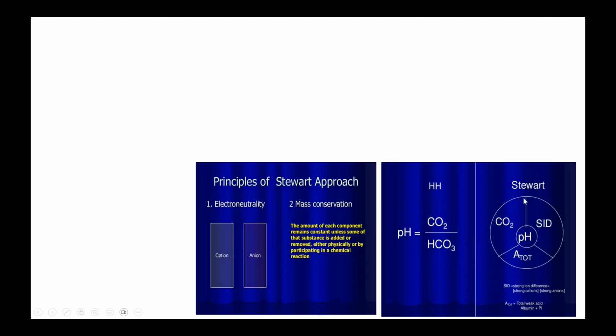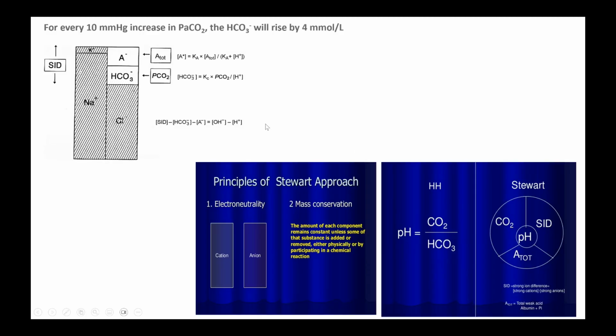So these three variables should be taken into account to calculate the pH. That is the difference between the Henderson-Hasselbalch equation and the Stewart equation, where three variables are included instead of just two in the earlier Henderson-Hasselbalch.